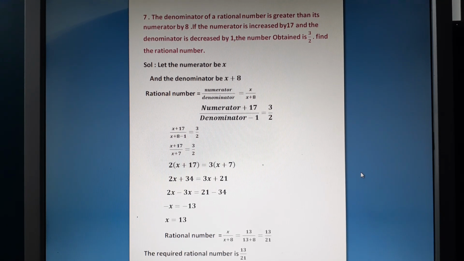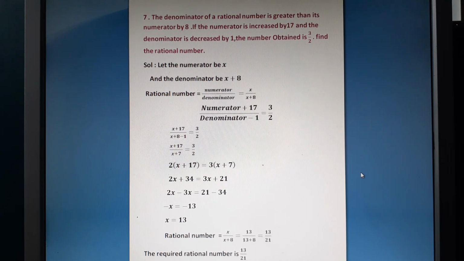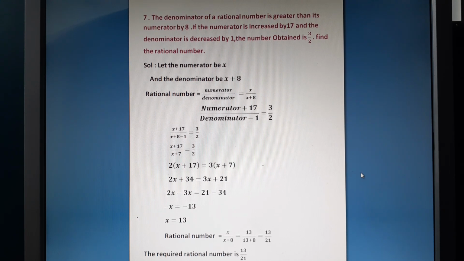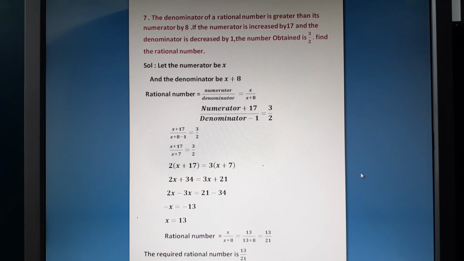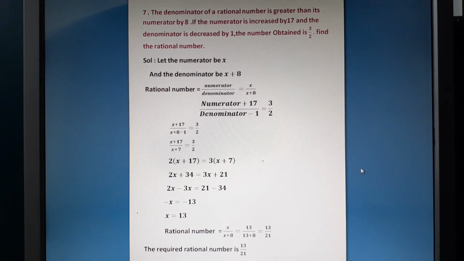Take left hand side plus 34 to right hand side, it changes into minus 34. So 2x minus 3x is minus x, equal to 21 minus 34, which is minus 13. See both sides. Minus x is equal to minus 13. Both sides negative symbol cancel. We get x is equal to 13.